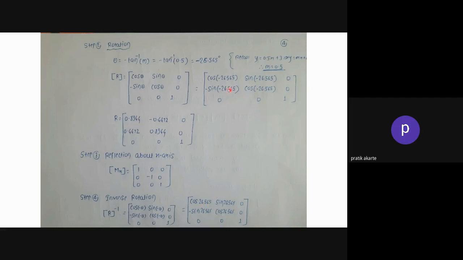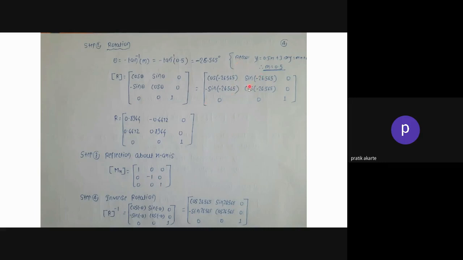Now note here, since the rotation is clockwise, we considered this sign as negative, but over here in inverse rotation we will be taking exactly the reverse sign of the rotational matrix that we used in step number 2. So for the sign you have to take care over here only.